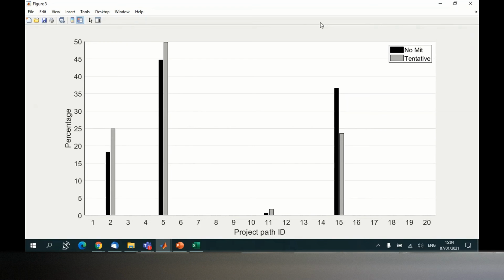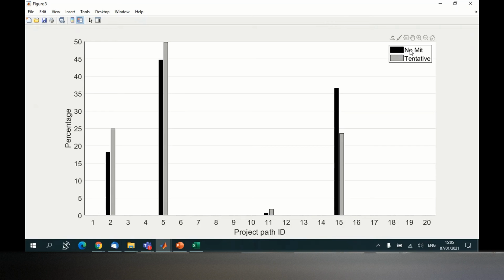Sometimes one path is the longest, another time another path is the longest. So we don't have something called the critical path, but we can have different potential critical paths. Something can be critical in one iteration and not really critical in another iteration. And the mitigation controller identifies this notion of multiple critical paths for you.